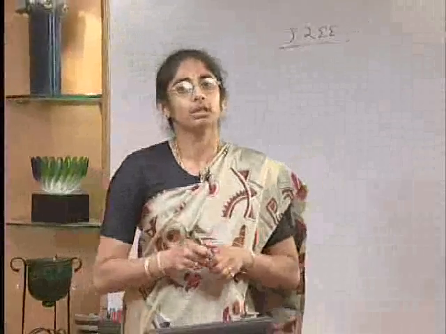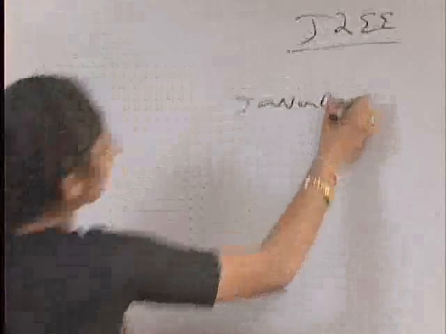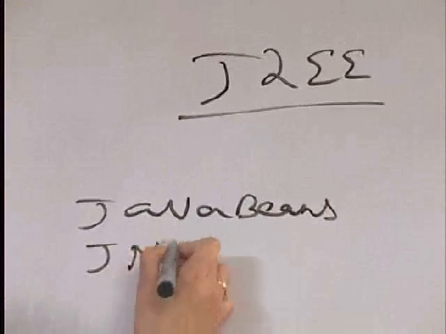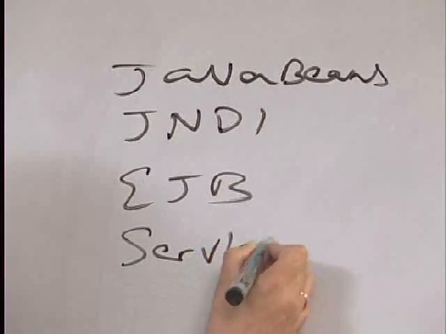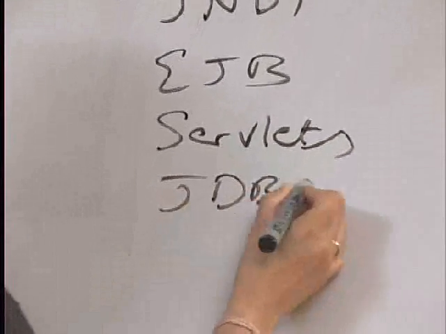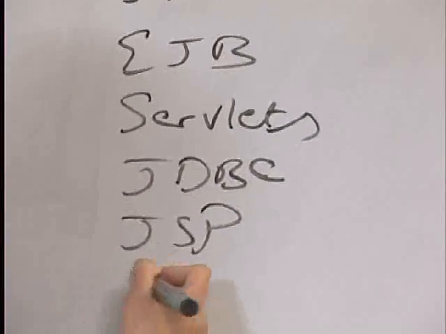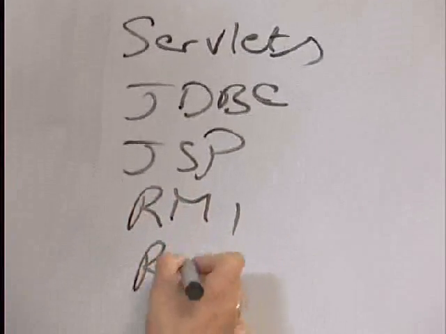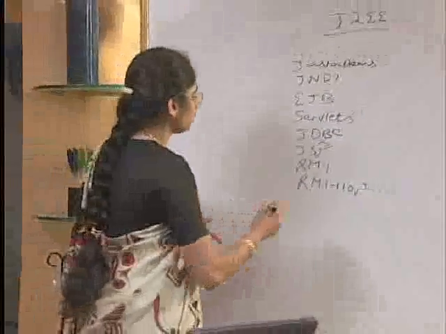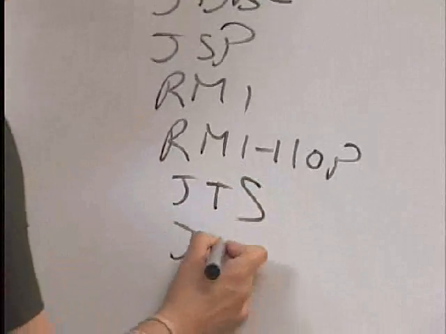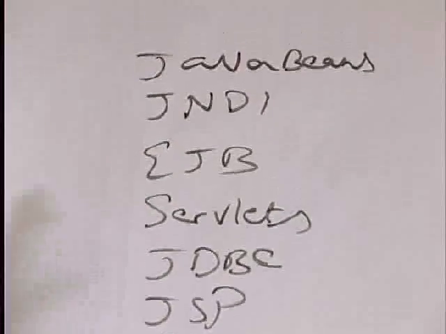J2EE consists of the following components like Java Beans, JNDI, EJB, servlets, JDBC, JSP, RMI, RMI-IIOP, JTS, JTA, and the list goes on like this.